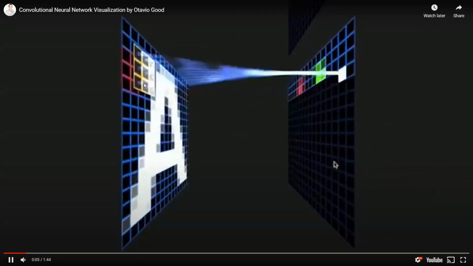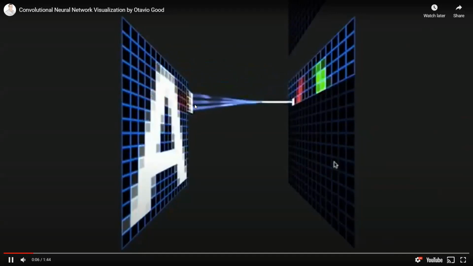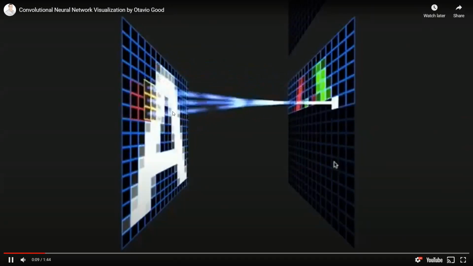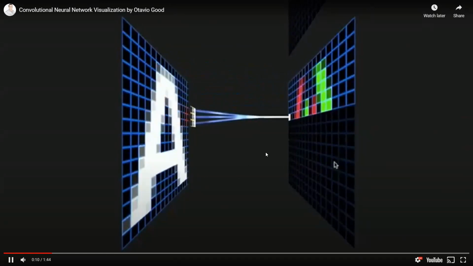It's just going through the different pixels, 9 by 9, and multiplying them with specific values that it will learn. The values remain the same for the whole image. So the same values that were used to calculate this logistic regression will be used to calculate the logistic regression in here. It's the same logistic regression being applied everywhere.